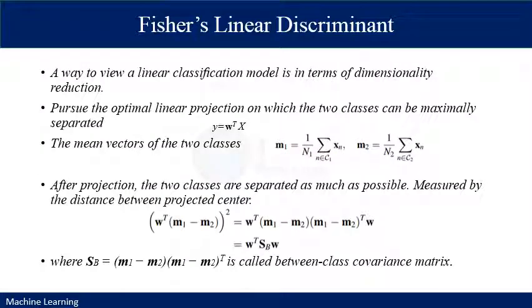Additionally, there is a way to view the linear classification model in terms of dimensionality reduction. So in this method, you pursue the optimal linear projection on which the two classes can be maximally separated using the linear function y = w^T x.